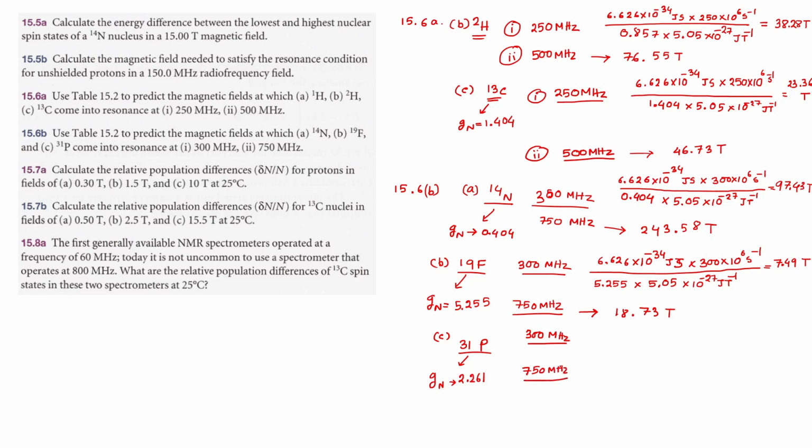For 300 it is, with 2.261, 17.41 Tesla. For 750 it is 43.52.